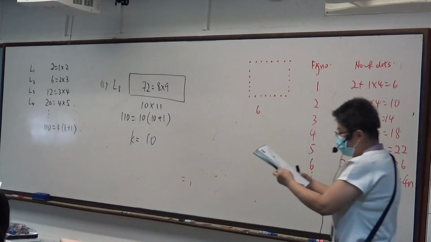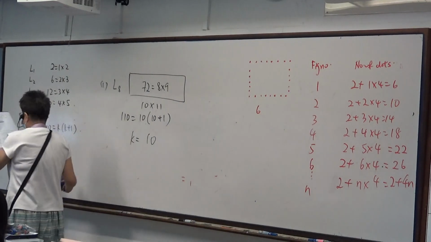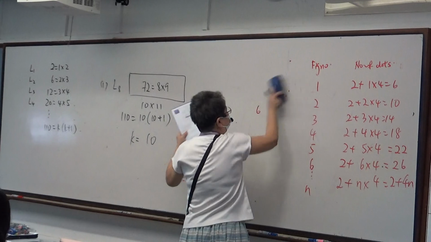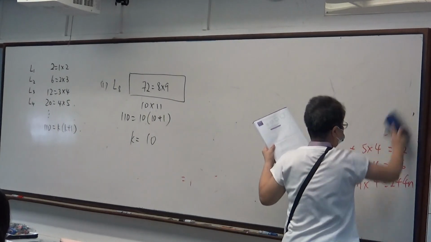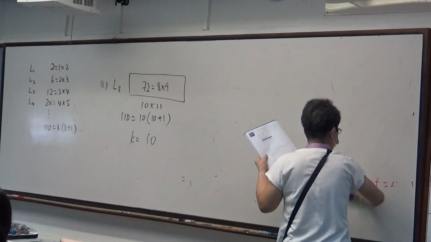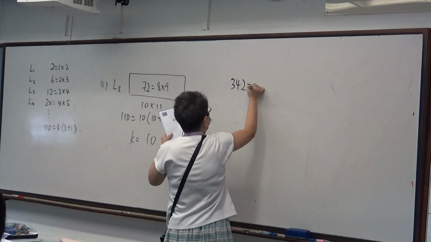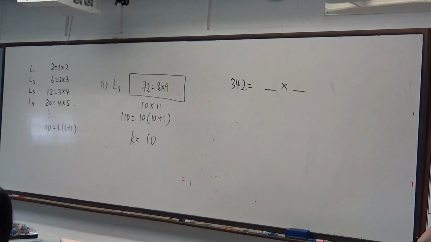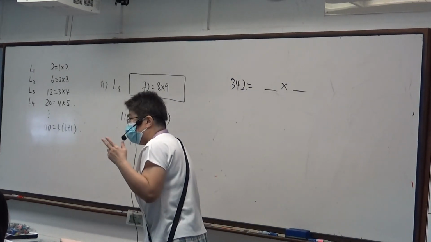Will there be a line with 3, 4, 2 on the left-hand side? Let's look at 3, 4, 2. Can you find something times something that is, okay, 18 times 19.